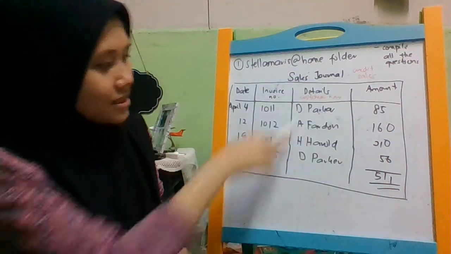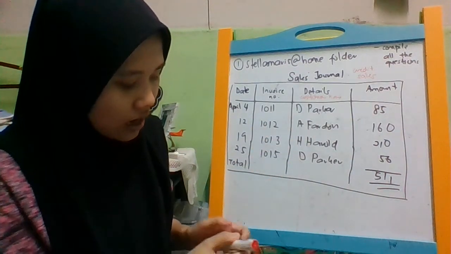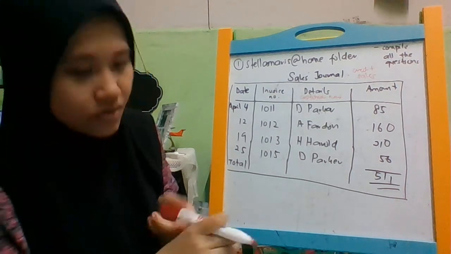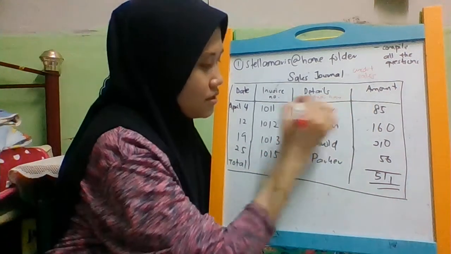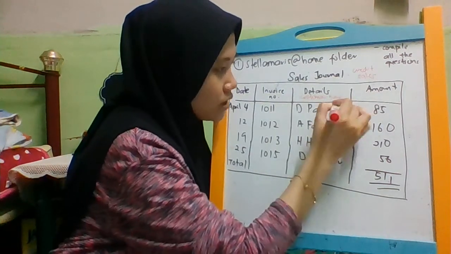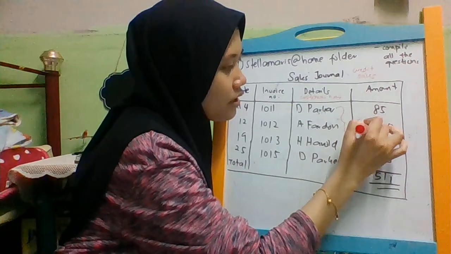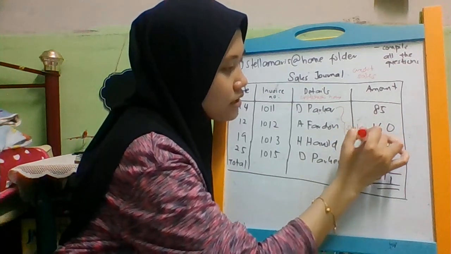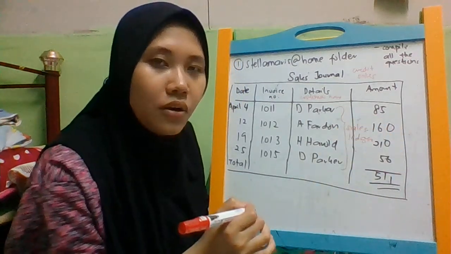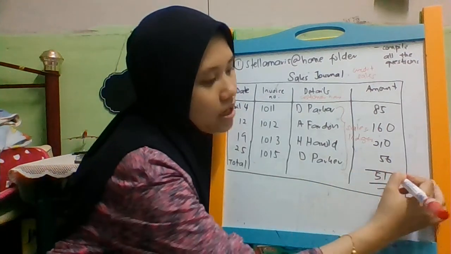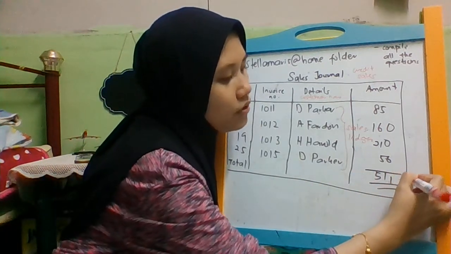Since these customers are buying the goods from you on credit, these 4 customers become your sales ledger. The sales ledger we only create once customers buy goods from us on credit. And this part is the nominal ledger.